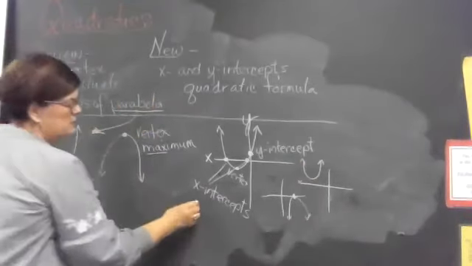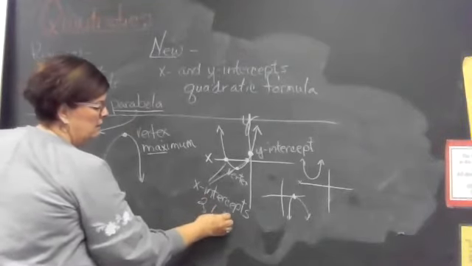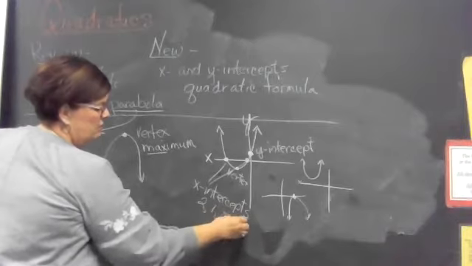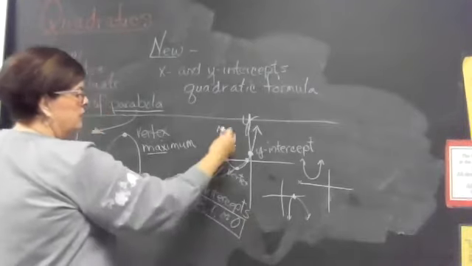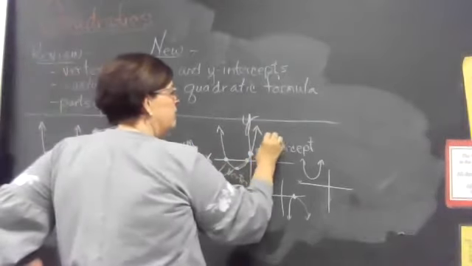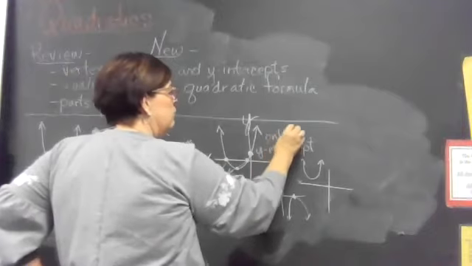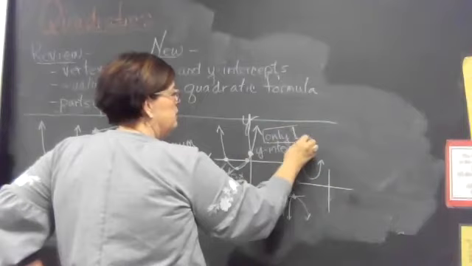So intercepts, you can have two, one, or no x-intercepts. For an up or down parabola, you're only going to have only one y-intercept.